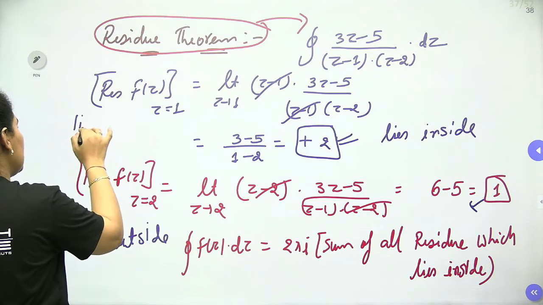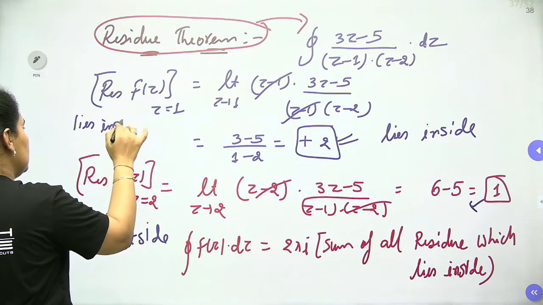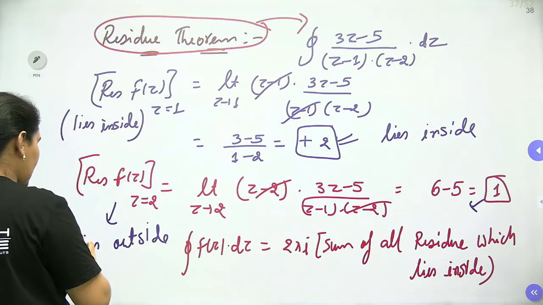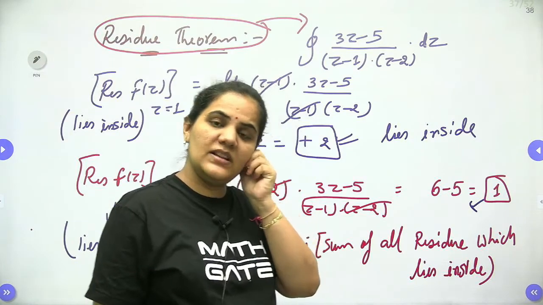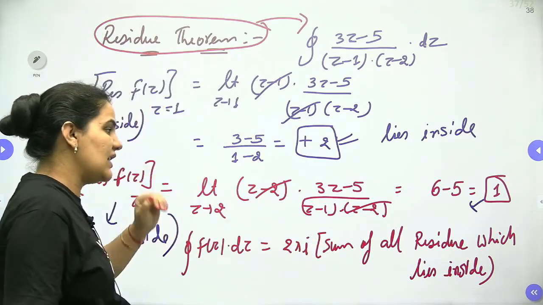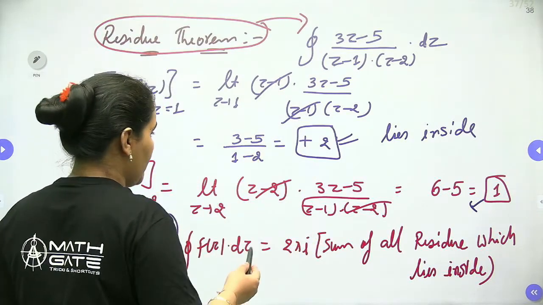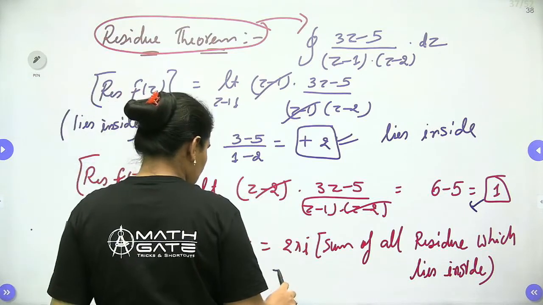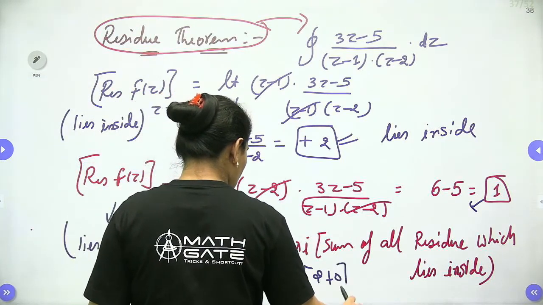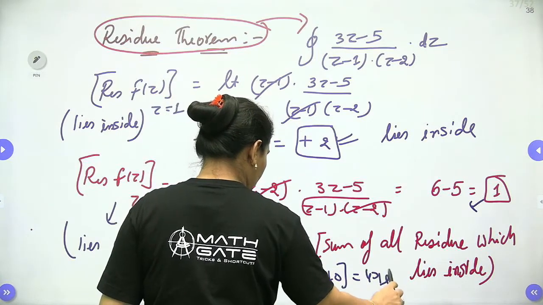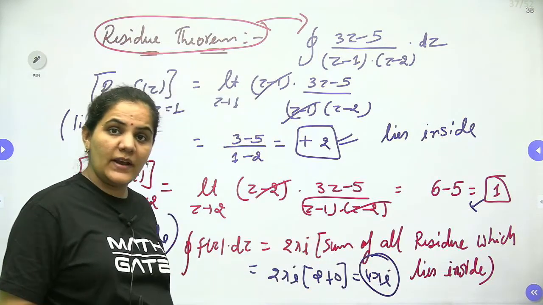The first one lies inside and the second one lies outside. When we approach, the result will be 2 pi iota into 2 plus 0. Hence it will be 4 pi iota only, which exactly satisfies the condition.